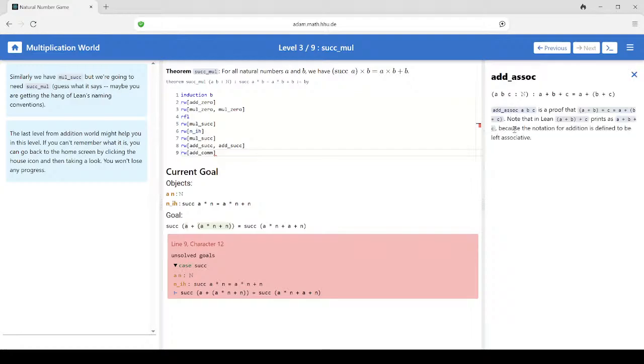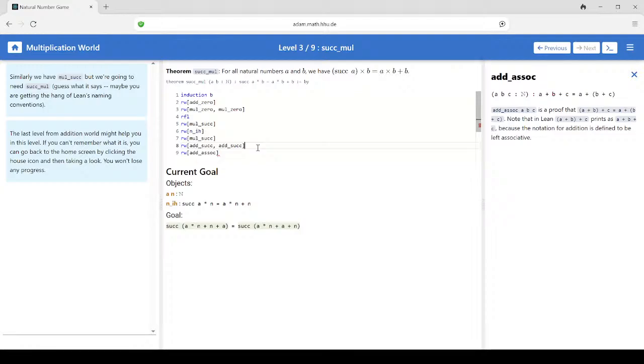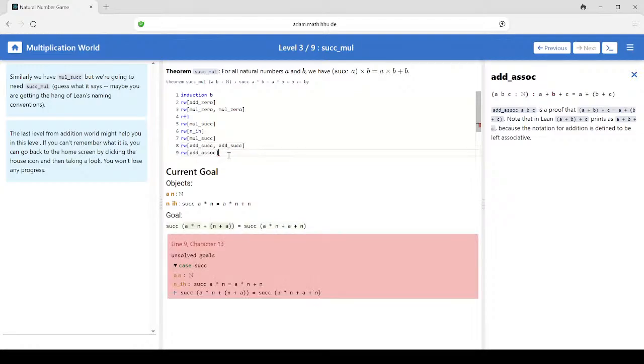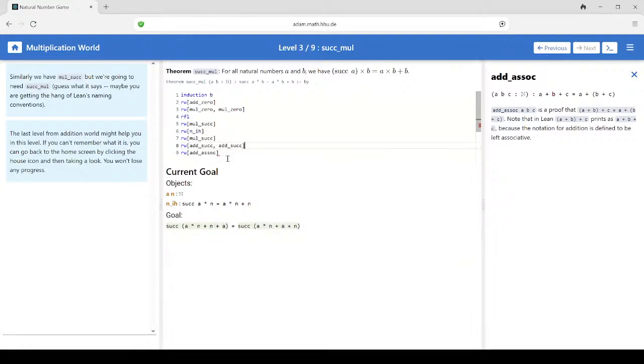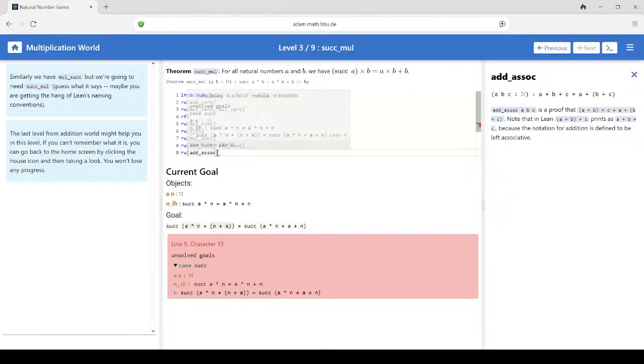I thought it was this one. Should I do the associative? A times n plus a times n plus a plus n. No, I was right. The associative is what we want.